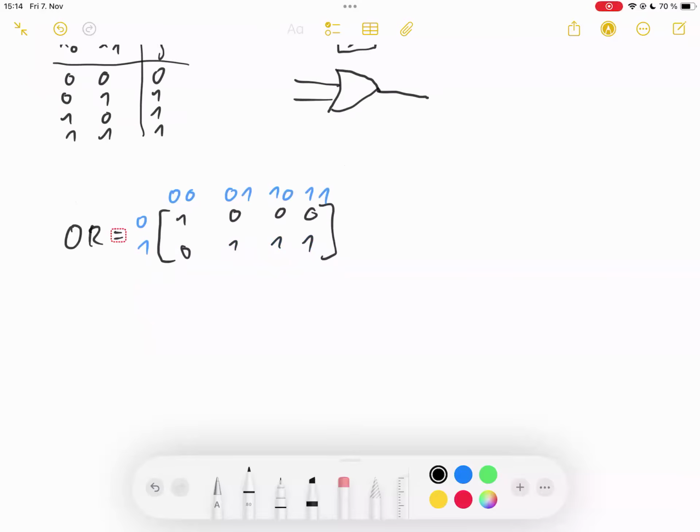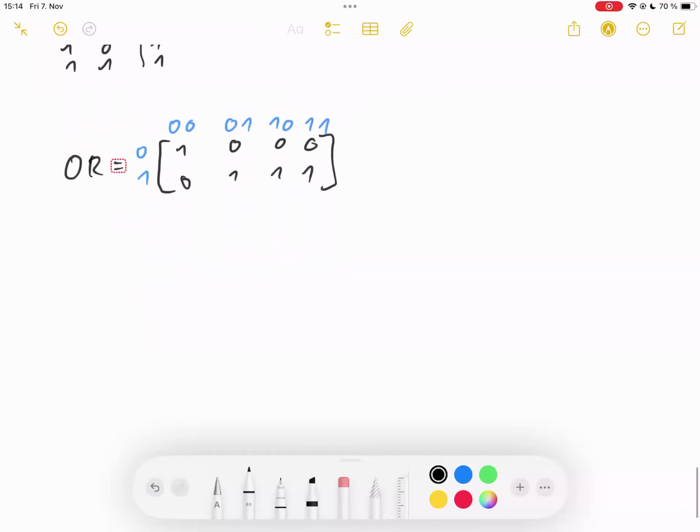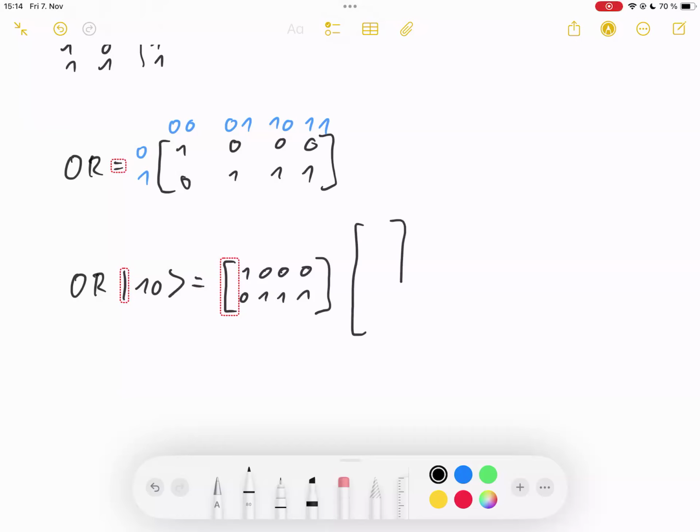And you could think again about examples. For example, we have some state, like we multiply OR with 1, 0, and then we have 1, 0, 0, 0, 1, 1, 1. And the 1, 0 would be a vector in which the third entry is 1.